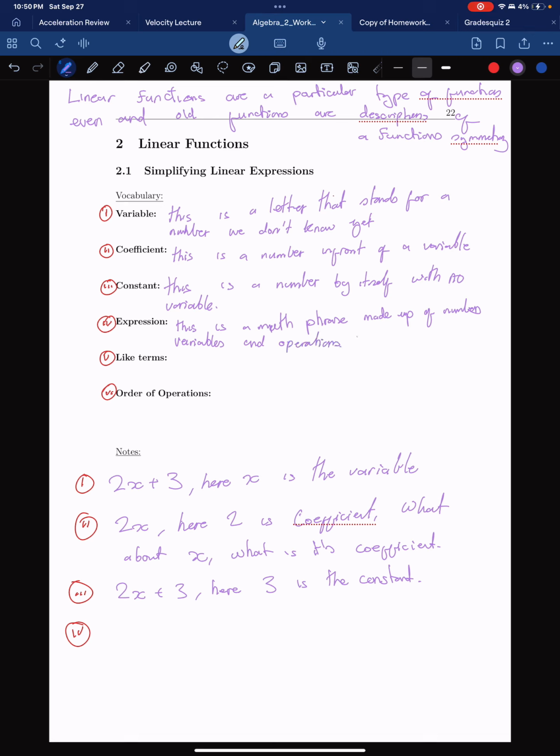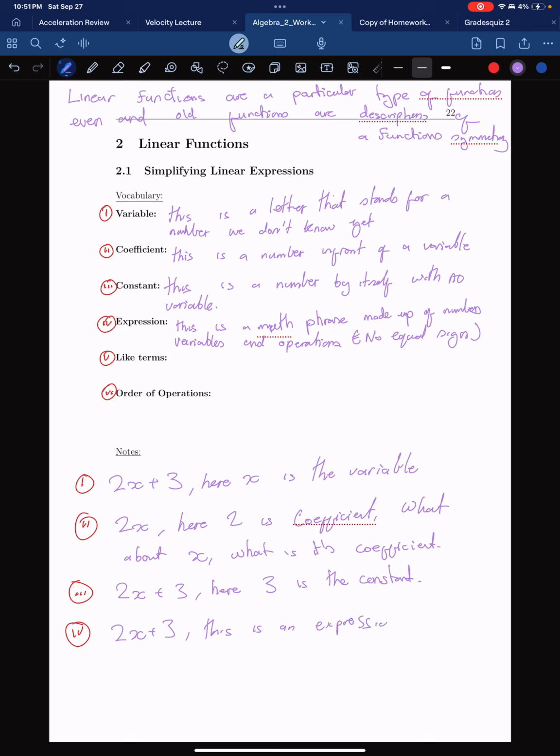All right? Although, an important feature of this is there's no equal sign in an expression, all right? So, for example, here if you just put 2x plus 3, this is an expression. All right?